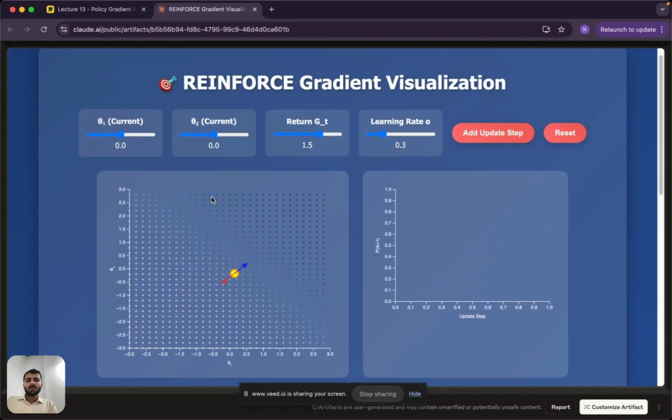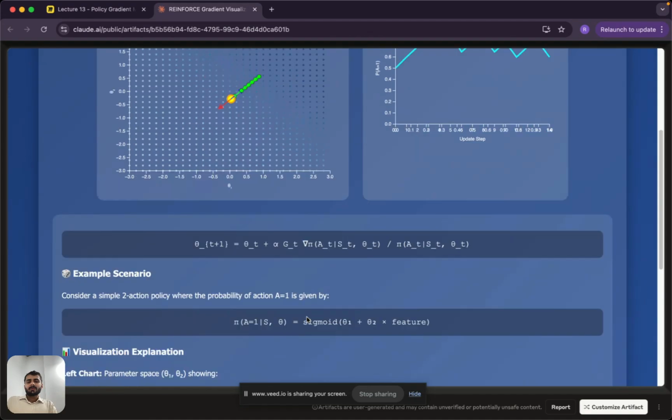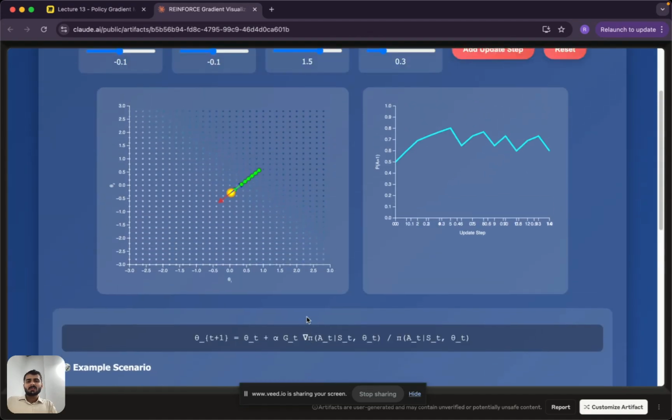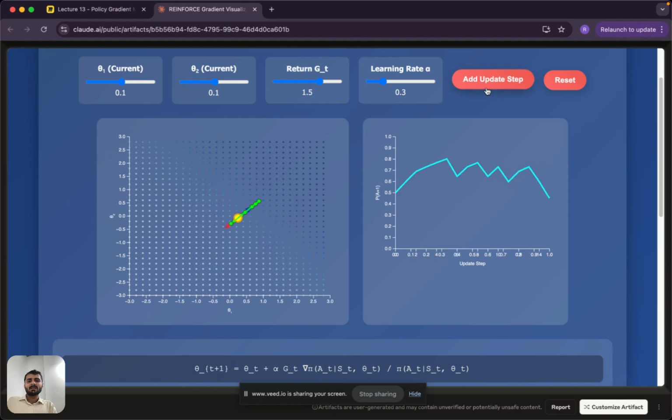So what we are going to do is update each step and see how my agent moves. You can see that at every update step, whenever my agent updates, the red curve, which is the direction of the gradient, keeps on changing.